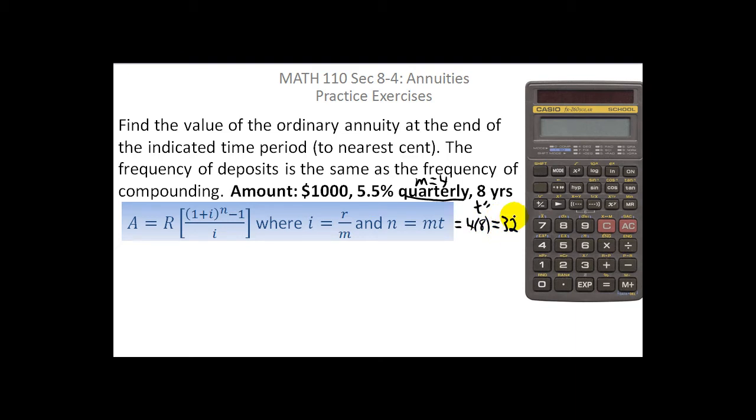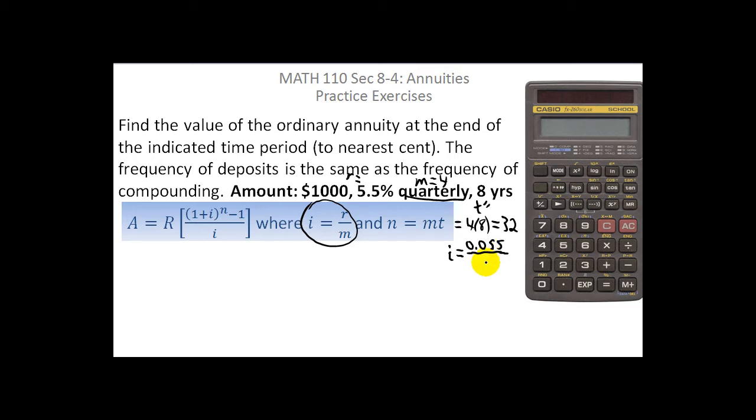Easy enough. I also need to know what I is. I is R divided by M. And I know that the interest rate is 5.5%, so that's R, but I do need to change it to a decimal as I write it down. So that becomes 0.055. Notice I moved the decimal place 2 places to the left.